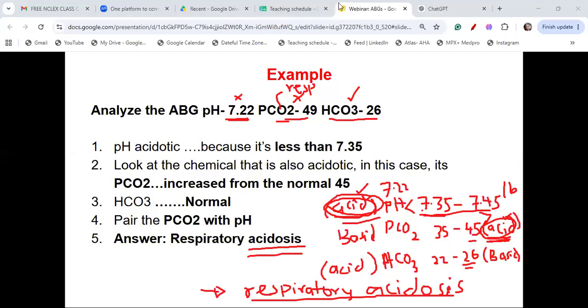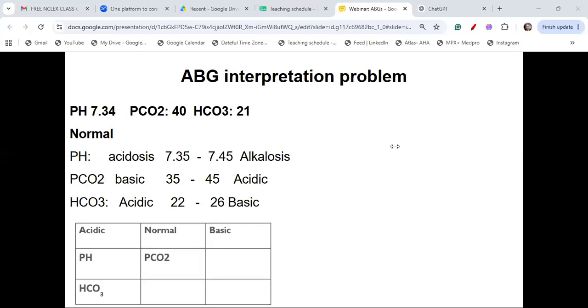Okay, I can see a majority of us say it's clear. Someone's asking about the HCO3. The HCO3 is normal; the normal is 22 to 26. So if it's within the normal range, you don't bother about it much. We're going to do another question. We'll do several until it's home.